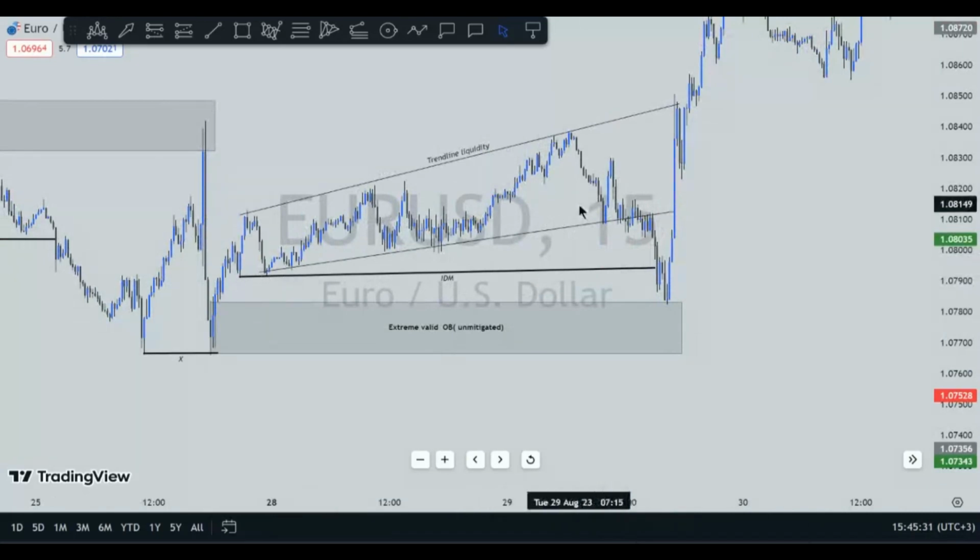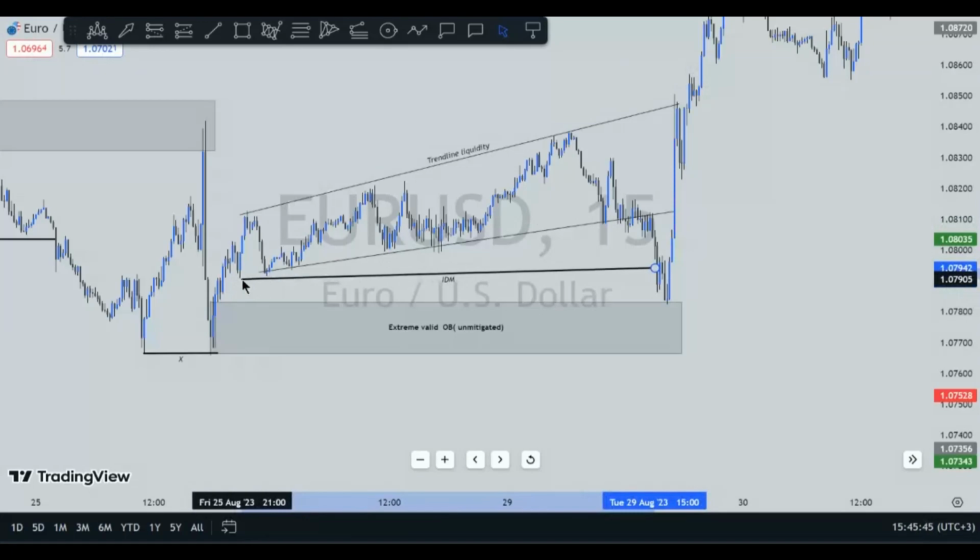Now after this sweep, I've seen that this is just trendline liquidity, and then this is the inducement right here. Inducement here.